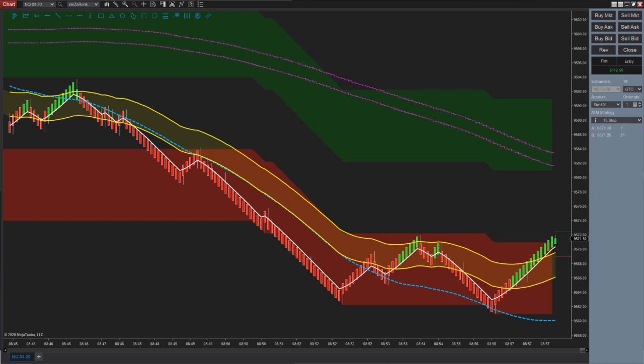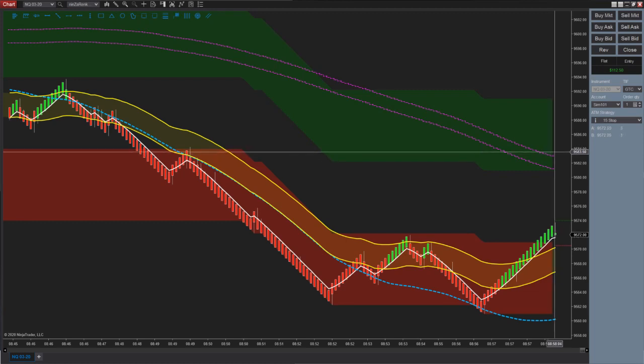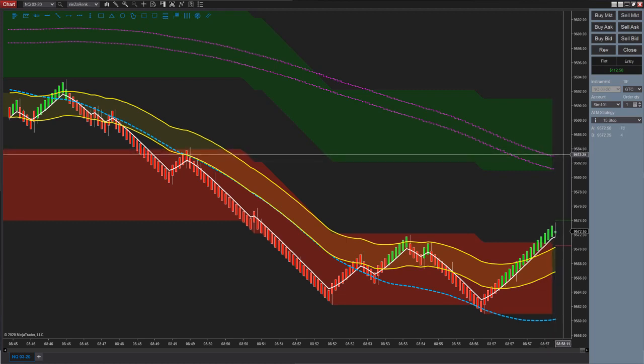There you go long. If it comes down here, a couple of ticks under, we'll go long. Or we're gonna go short at the upper line of the zone, if they just go straight up.